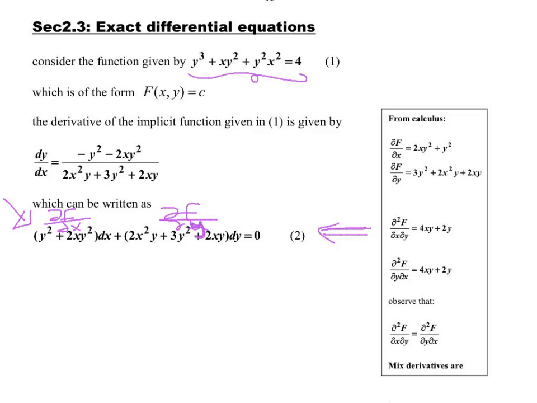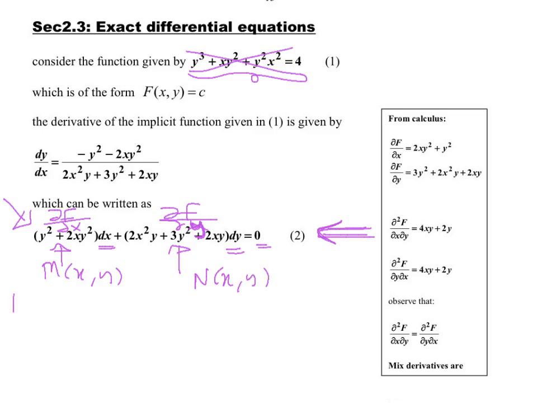Now, if that was given to us, and we said solve, the solution is not given, f is not given. How do we check exactness and how do we solve? We have seen how to check exactness, so we should start like this. First of all, it has to be written in this form, right hand side is 0, this is dx and dy. So we are going to call this function M(x,y) and this function N(x,y).